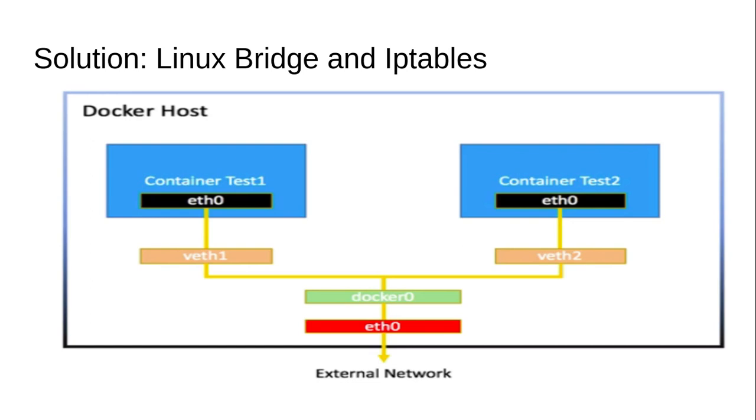For every host, host is nothing but one server or one machine. It has its own physical interfaces. Okay, so let's say this eth0 is the physical interface of the Docker host. Now from the physical interface the traffic will pass to the bridge.